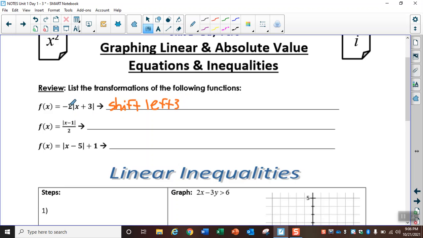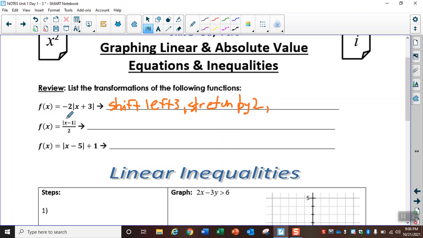All right, and then the 2 in front is going to be a stretch, right? A vertical stretch by 2, by a factor of 2.